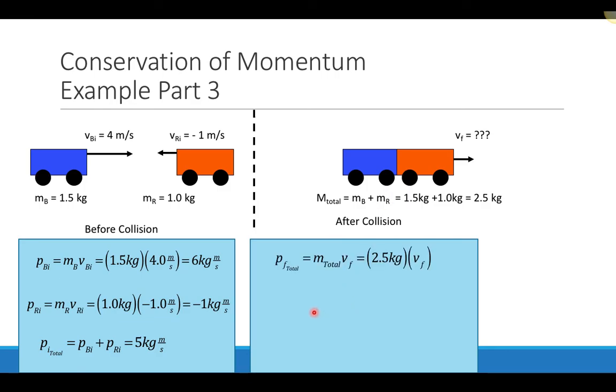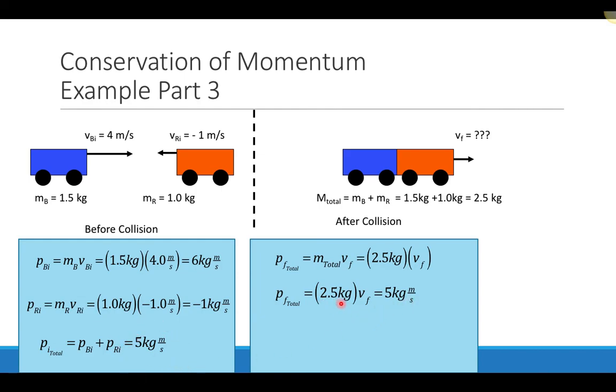Same thing as before, the total final momentum of this system is the total mass, because they're stuck together, times their velocity. But I know that momentum is conserved, so this final momentum has to equal whatever this initial momentum was.